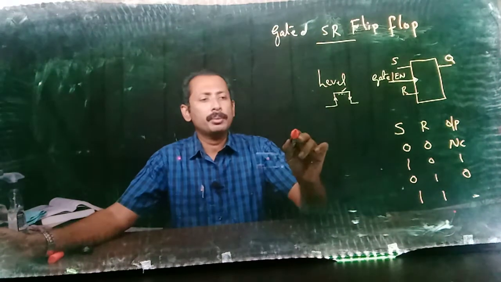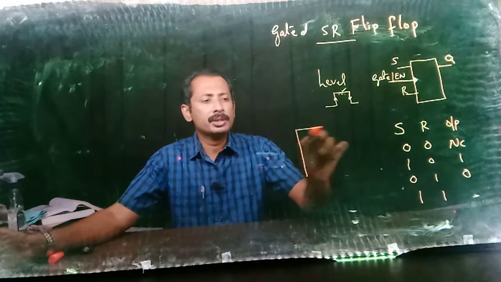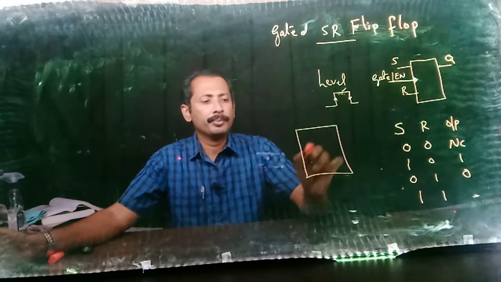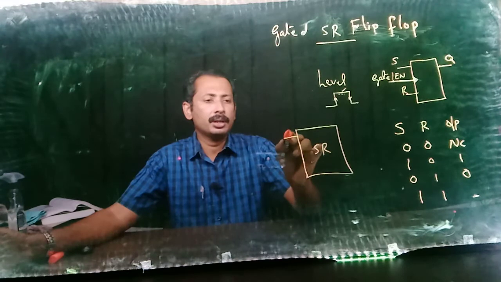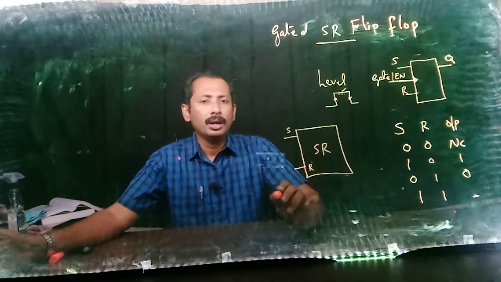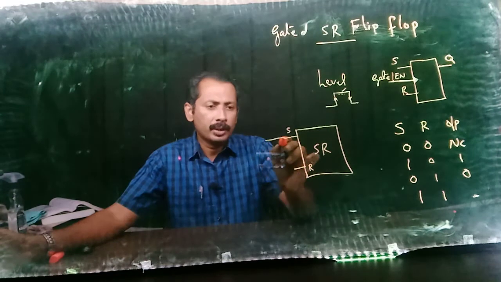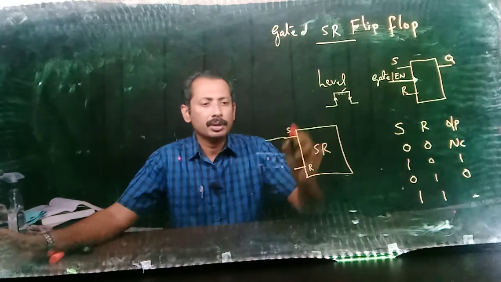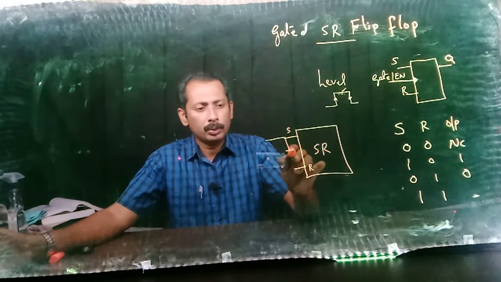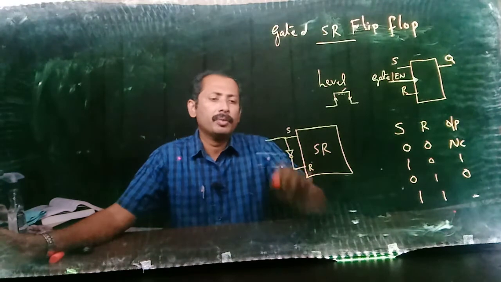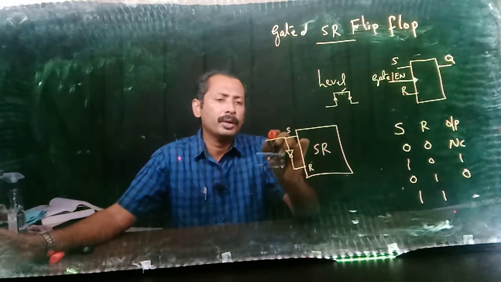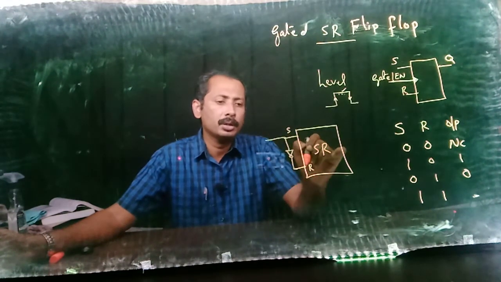So I am using a slight modification of this SR flip-flop. If this is S and this is R, and I make this circuit a single input circuit by using a NOT gate here to the R, then what happens is that when I apply 1 to this input, this is 1, this is 0.